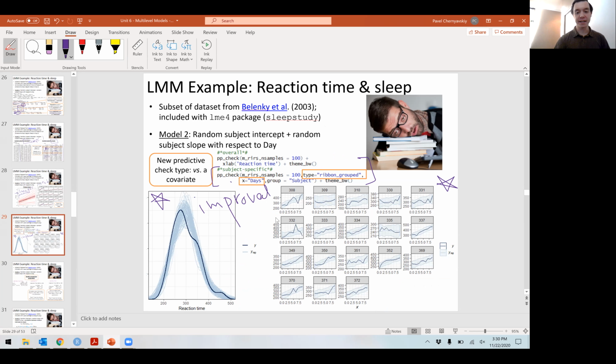And here my covariate is number of days. And you can see the raw data is the darker line, and the fitted data is the lighter line. And we see that the raw data is pretty well captured inside of our posterior samples.